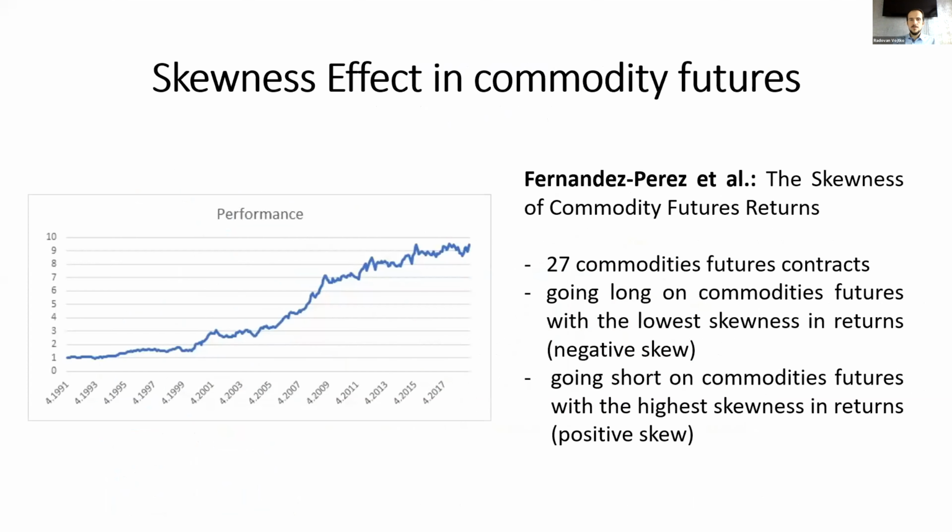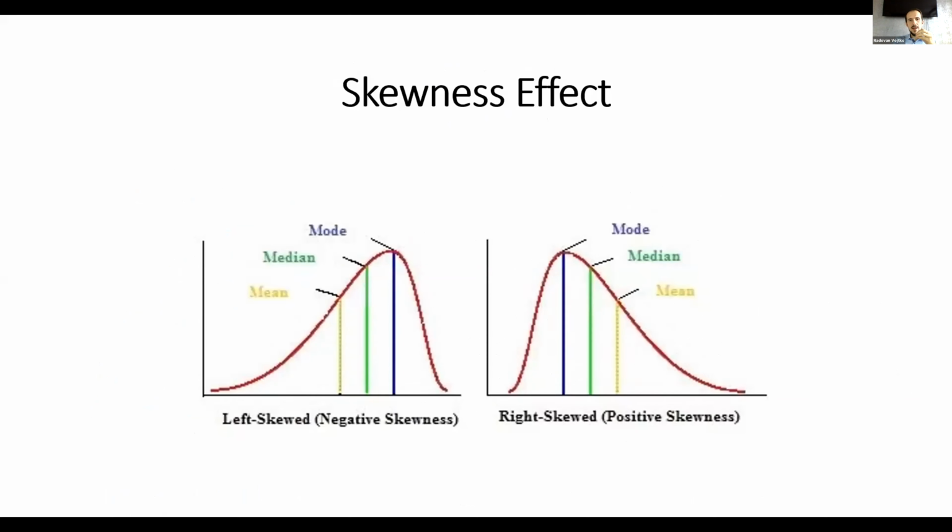The skewness ratio represents the extent to which the distribution curve is distorted. If a data set, for example the daily performance of some commodity, is symmetrically distributed, the value of skewness is 0. In the case where the majority of data set values is concentrated on the left side, we talk about positive skewness. So what does it mean?